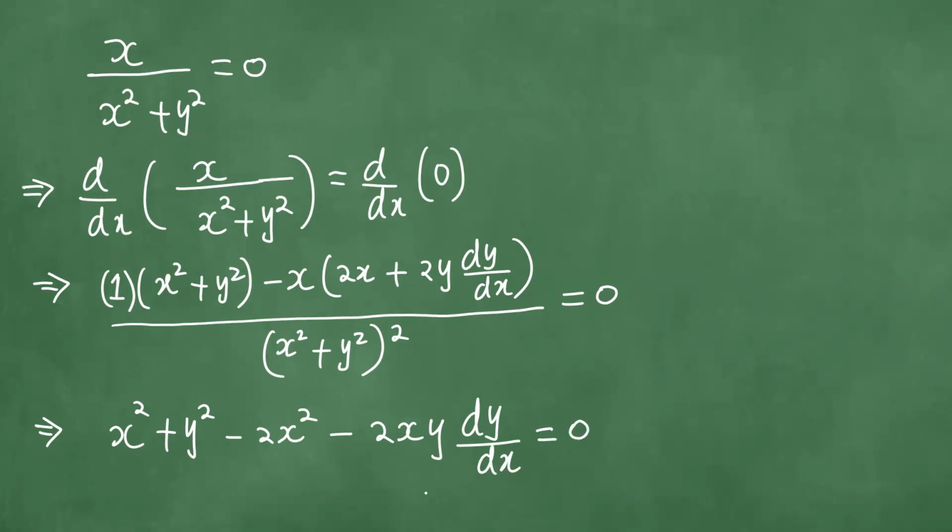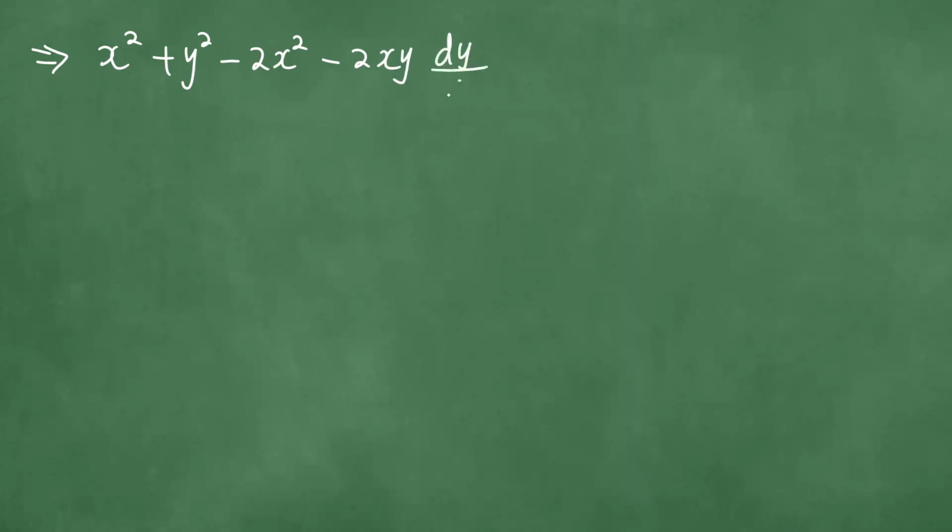That implies x squared plus y squared minus twice x squared minus twice xy dy/dx equals 0.